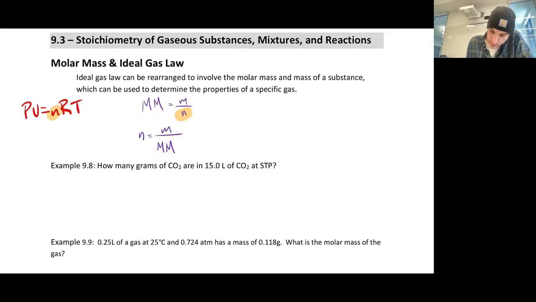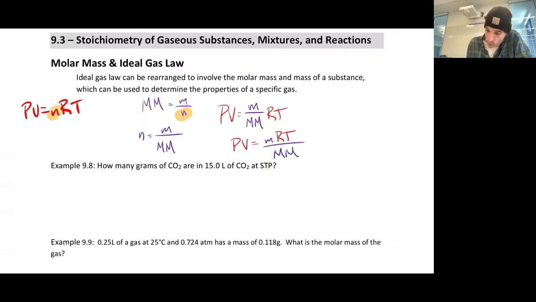We now have PV is equal to n, which is being replaced with mass over molar mass, times RT. I'm just going to write this out: PV is equal to mRT all over molar mass.